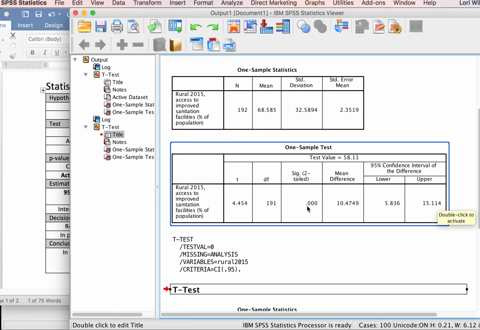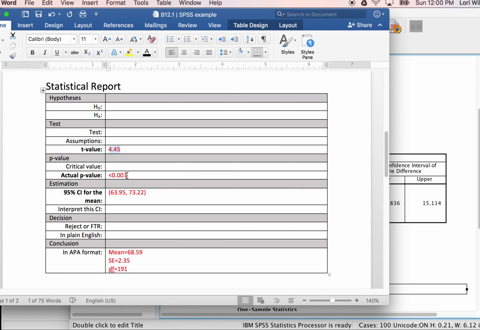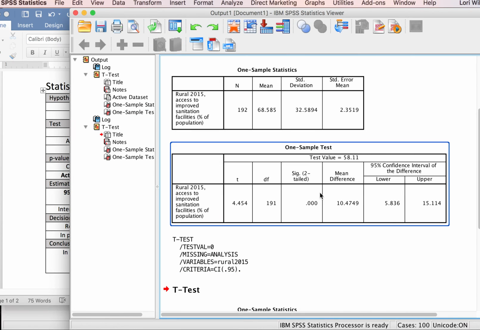And so what I like to do, instead of saying the p-value is equal to 0, is say that it is less than 0.01, because if it was less than 0.005 and we rounded it, we would end up with 0.000 as the number that shows up in this rounded difference.